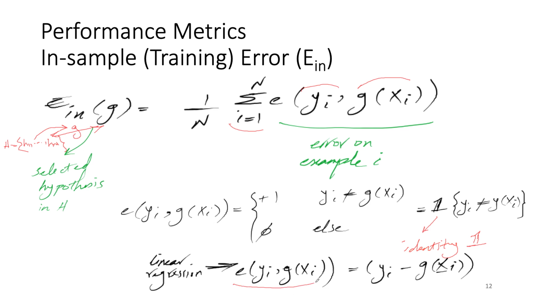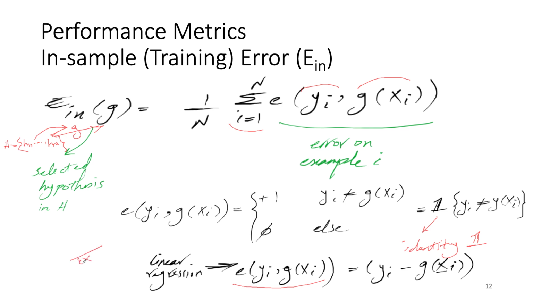In order to calculate the in-sample error, instead of just making a comparison, because in this case these are only +1 or -1, so they're either the same or not. But in the linear regression case, we have to actually deduct these two values. So like the value was here, it was here.